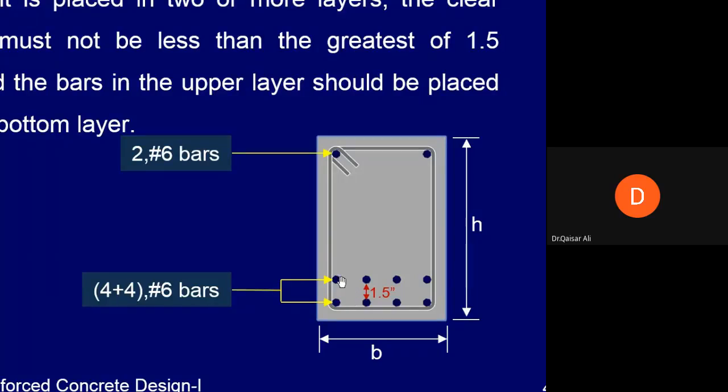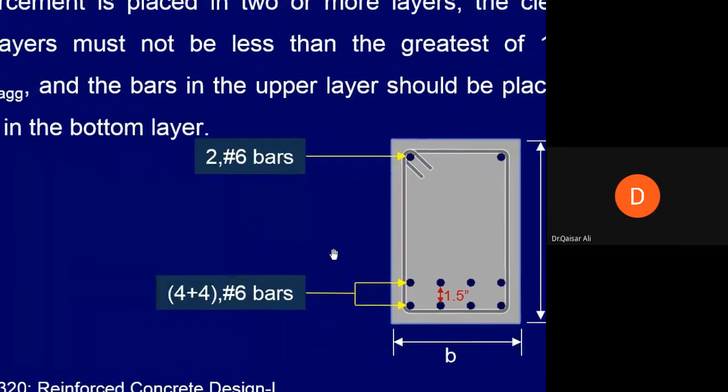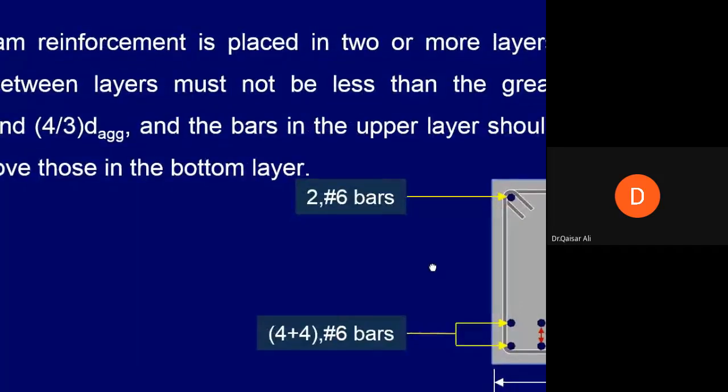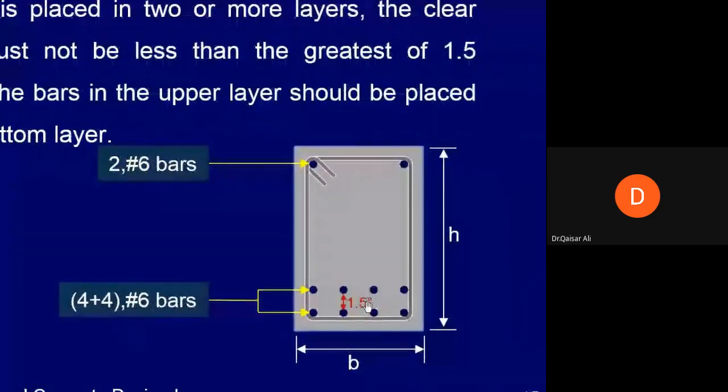One is that the distance between the 2 layers shall be at least 1.5 inch clear distance, or 1.5 times the diameter of the bar, or 4/3 times the maximum size of the coarse aggregate. Let's say the maximum size of the coarse aggregate is 3/4 inch. 4/3 times 3/4 will give you 1 inch.